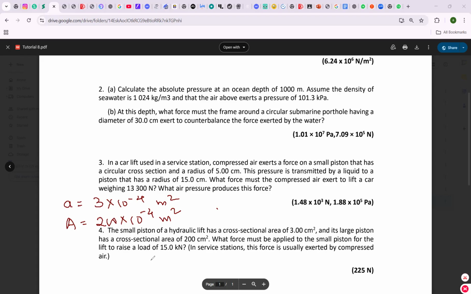Here is pi and here is pi, so the pi gets cancelled. So small f is equal to 3 into 10 power negative 4 square into 15 into 10 power 3 over 200 into 10 power negative 4 square.